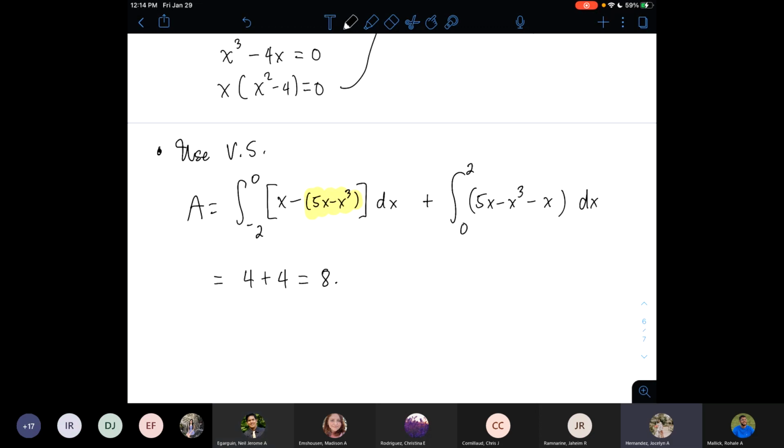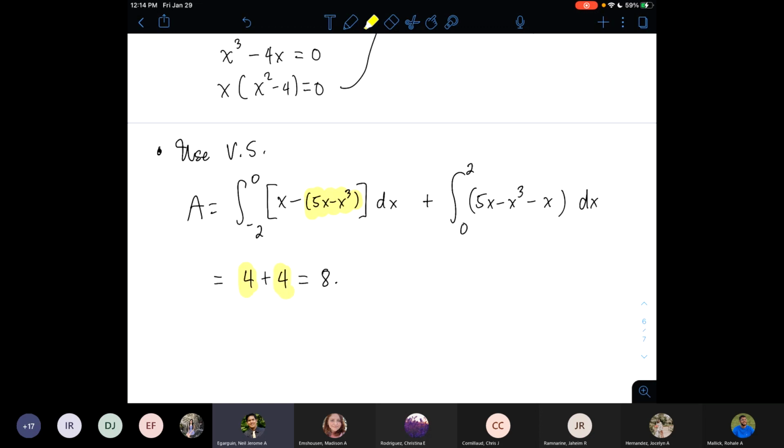Why can't we use symmetry for this one? Good question. It appears that we can indeed use symmetry, because the final answers gave me area 1 is 4 and area 2 is equal to 4.